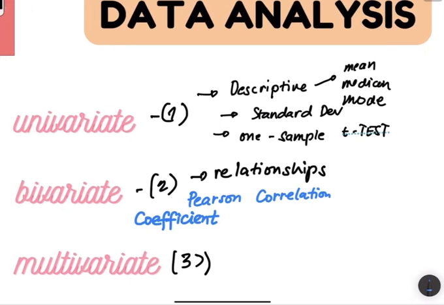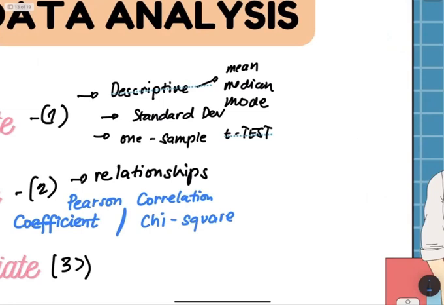It measures the strength and direction of the linear relationship between two continuous variables. And of course, let's not forget, we also have our chi-square test of independence.